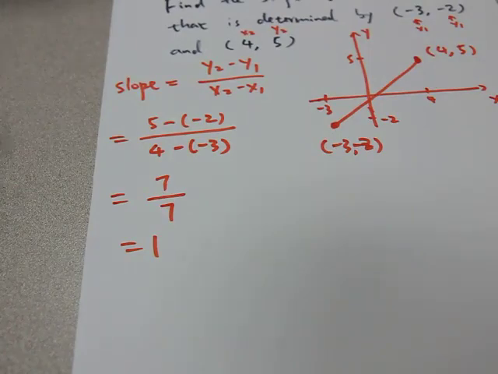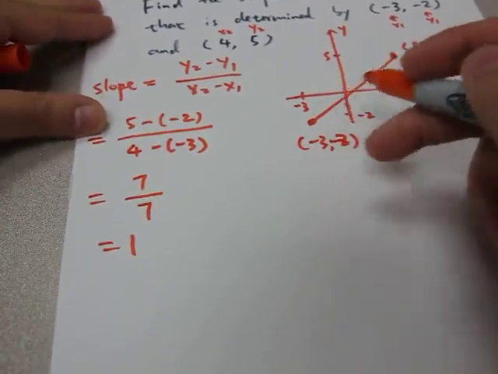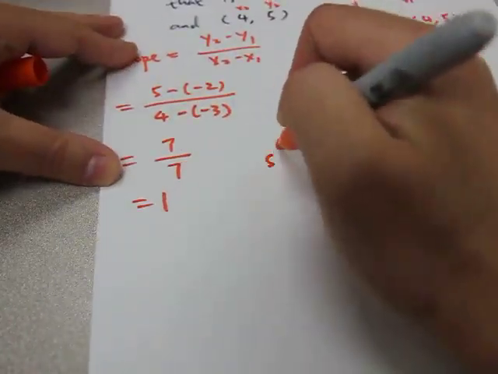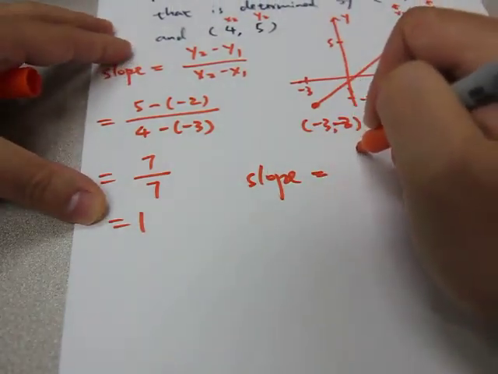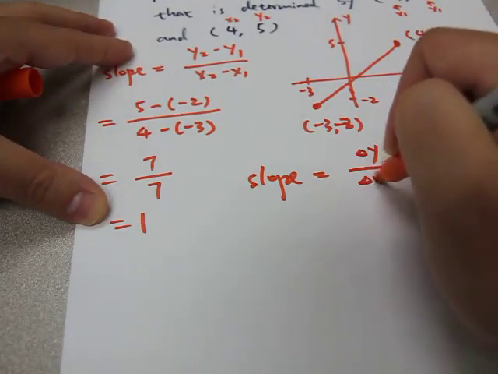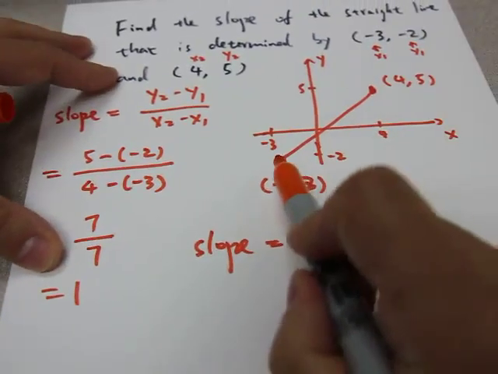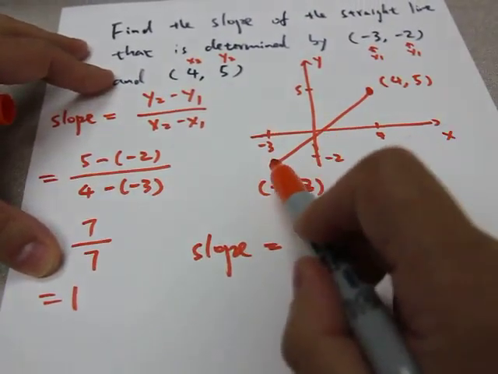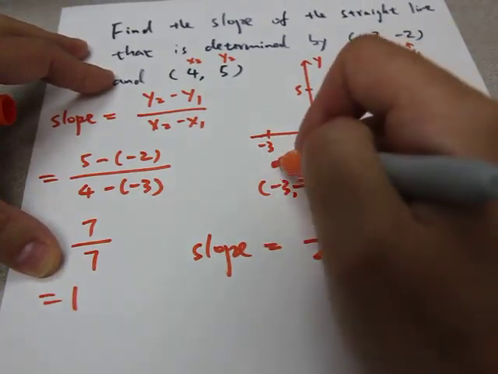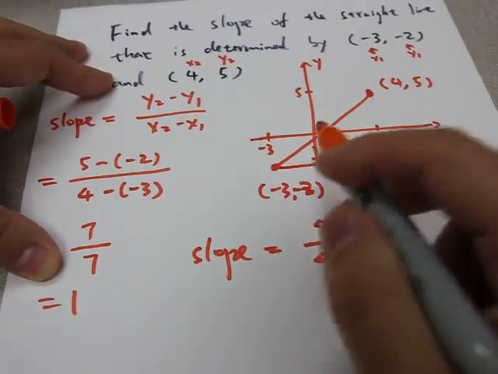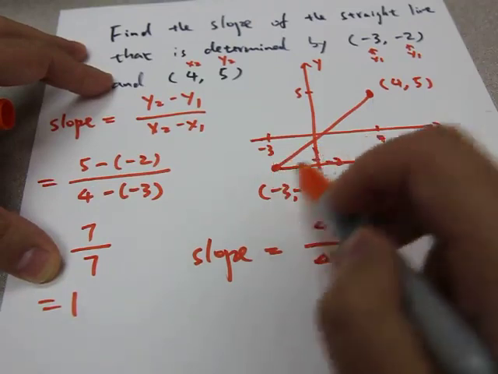And also we can use the second way. We consider the ratio of the change in the y to the change in the x. If I start from this point and then move to this point, first I have to move how many units horizontally?